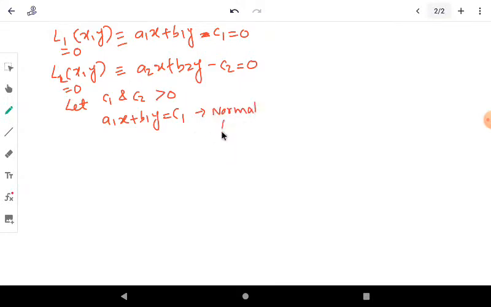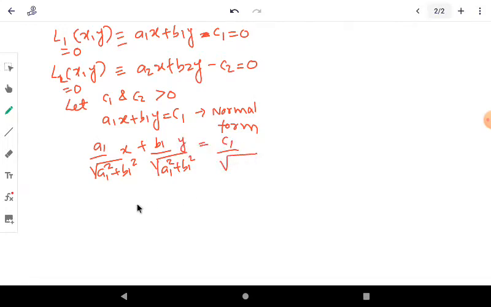To convert L1 to normal form, we divide it by under root a1 square plus b1 square. So we get a1 by under root a1 square plus b1 square x plus b1 by under root a1 square plus b1 square y equals c1 upon under root a1 square plus b1 square. This is equivalent to x cos alpha plus y sin alpha equals p1, right?